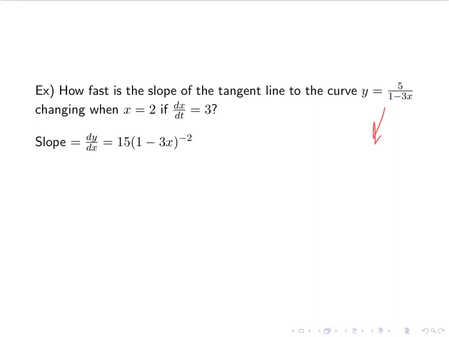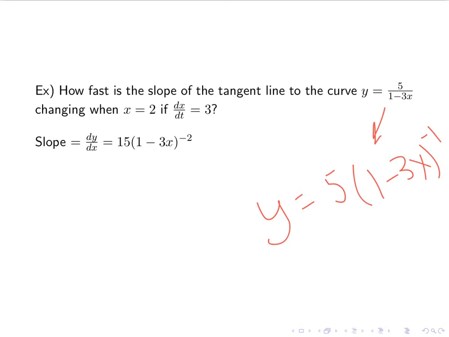So to find dy/dx, I'm going to first rewrite y as 5 times (1 minus 3x) to the negative 1, right? Change my fraction into a power. I don't want to do the quotient rule there, because 5 is just a coefficient.